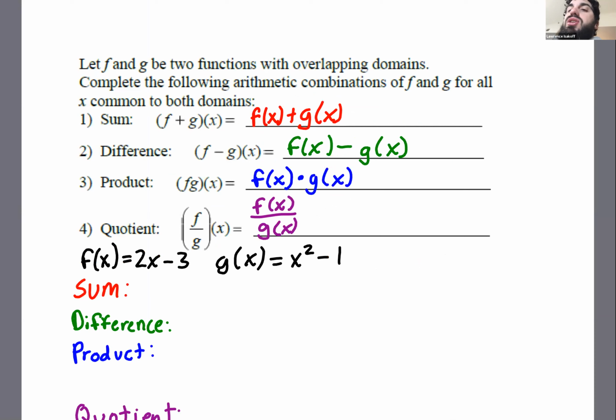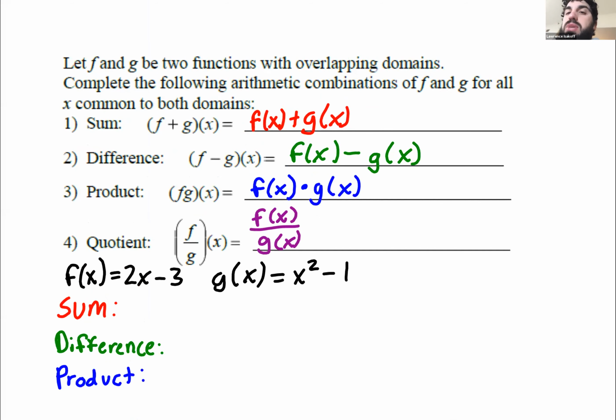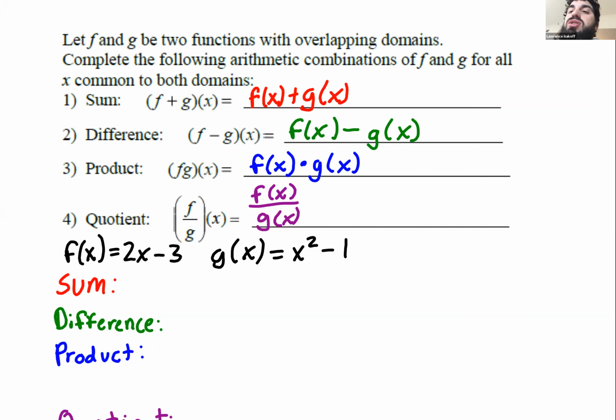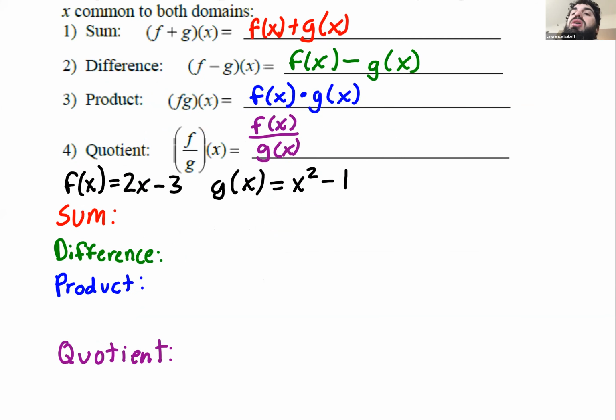Okay, so let's look at what that all means. Let f of x and g of x be two functions with overlapping domains. Complete the following combinations. So the sum is adding them together, difference is subtracting them, quotient will be division, and our product is just multiplying them together.